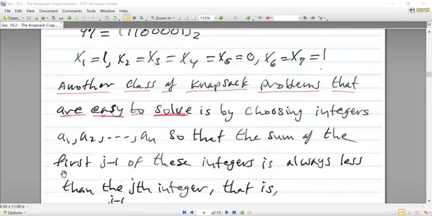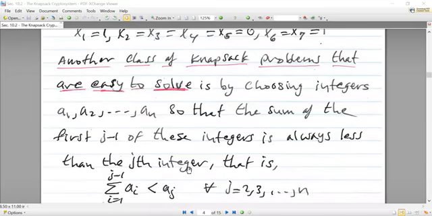So let's start with the third integer here. a1 plus a2 is going to be less than a3. So they're going to be increasing rapidly in here.